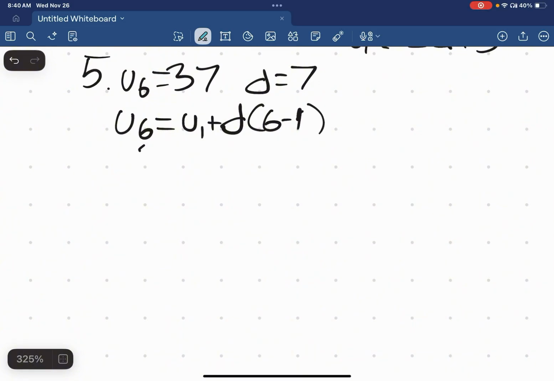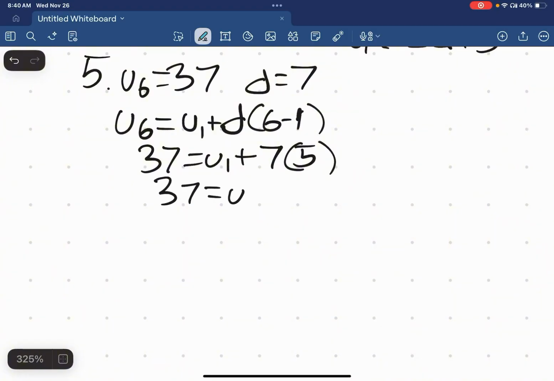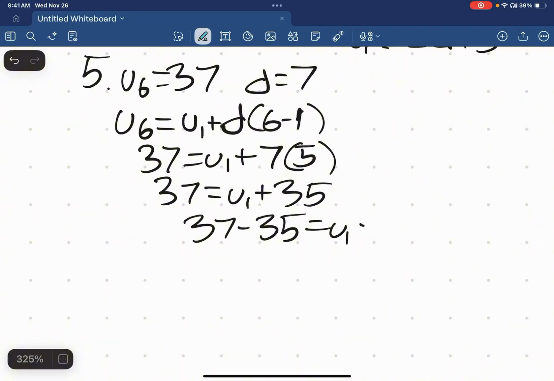We also know that u6 is equal to 37, and that our d is going to be equal to 7. All right. So now we know that u1 is going to be equal to 37 minus 35, which is equal to 2.